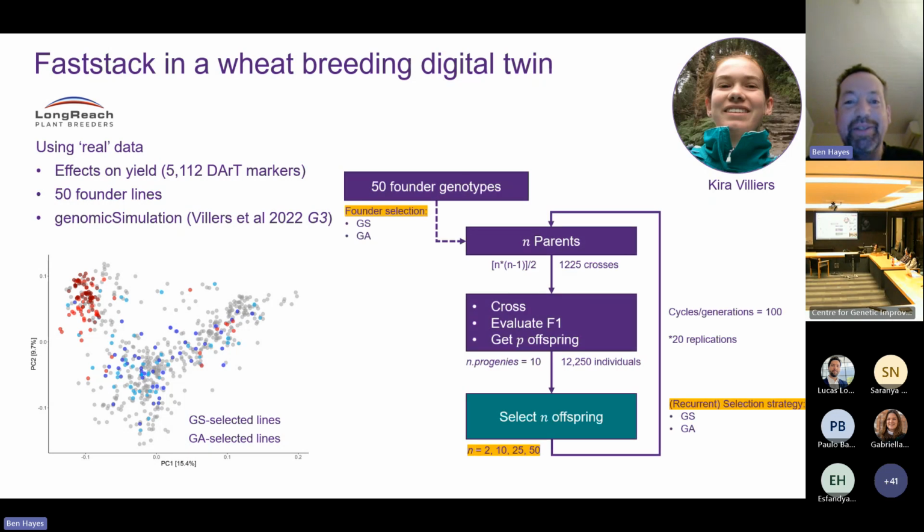So Kira, our researcher, wrote a simulation program where she took 50 founder genotypes. She produced a large number of possible parents from those founder genotypes, and then she looked at how quickly we could get to the ultimate genotype when there were different numbers of progeny per cross.